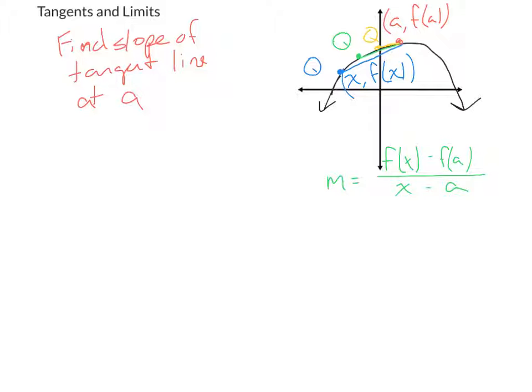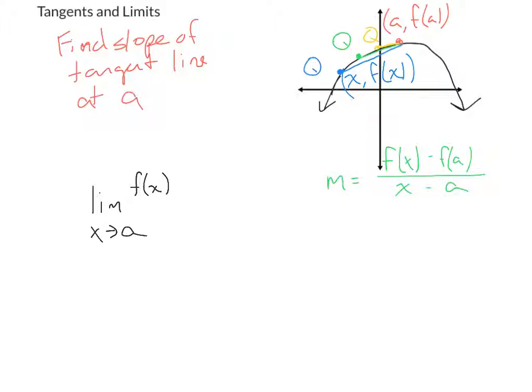So we talked about how the secants are approaching that point. Well, if we're doing an approach, that means we can talk about it as a limit. And we're talking about our limit as our x value is approaching the number a, right? As our Q's get closer to a comma f of a, where we're looking for our point of tangency. And we want x to approach a, while using this slope formula.